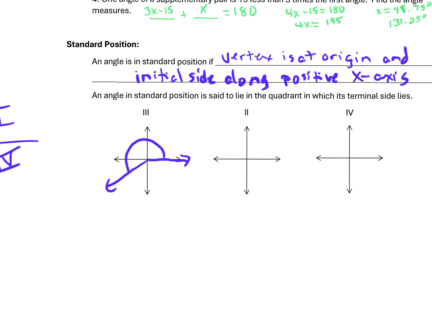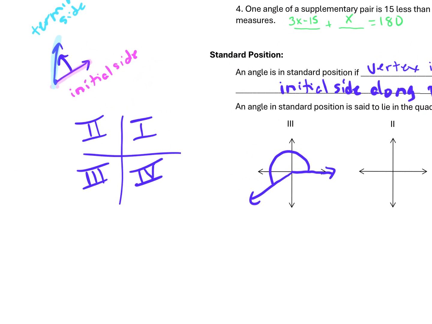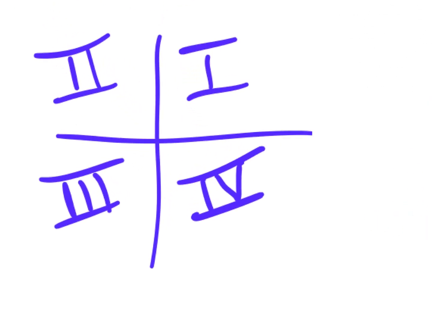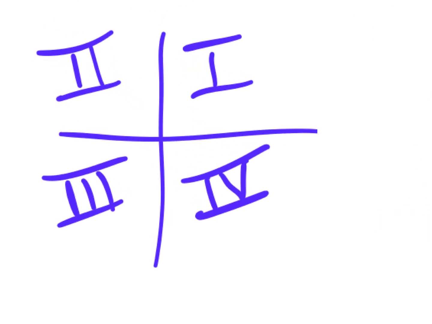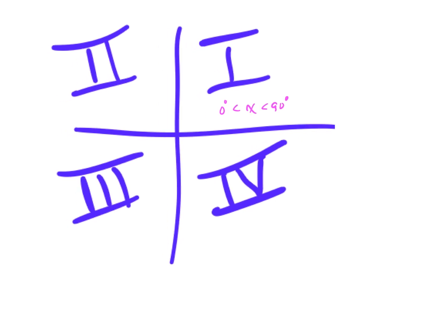Okay? All right, I just realized, let's review something here. Let's think about values in terms of the rotation here. If we're in quadrant 1, then our angle measures are greater than 0 degrees and less than 90, right? What about quadrant 2? It's greater than 90 degrees and less than, what is this line here?